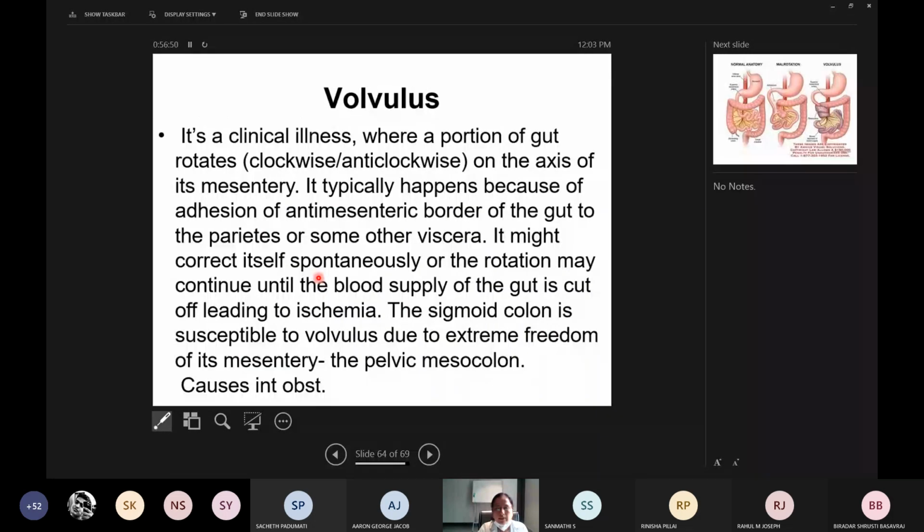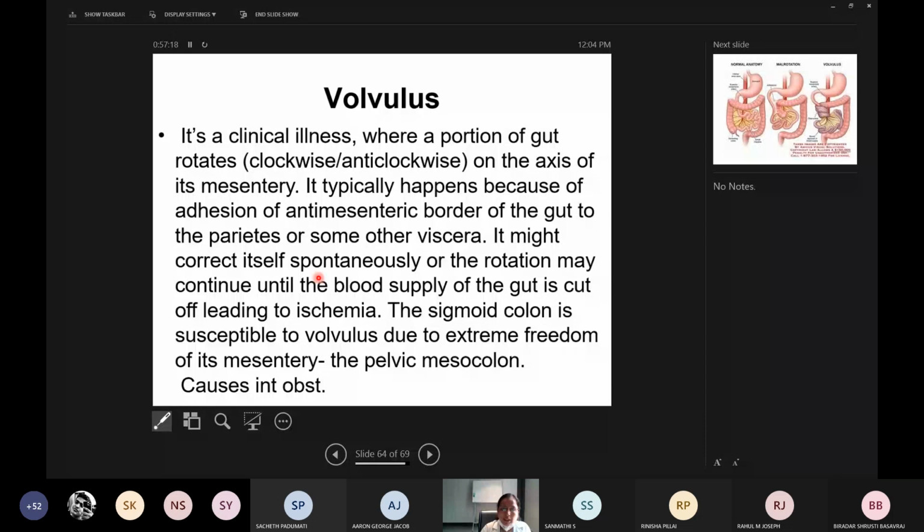Volvulus means something which is getting twisted. It is where a portion of the gut rotates clockwise or anti-clockwise on the axis of its mesentery. It is mainly seen in the sigmoid colon, which is very susceptible to volvulus when it is long compared to the sigmoid mesocolon.